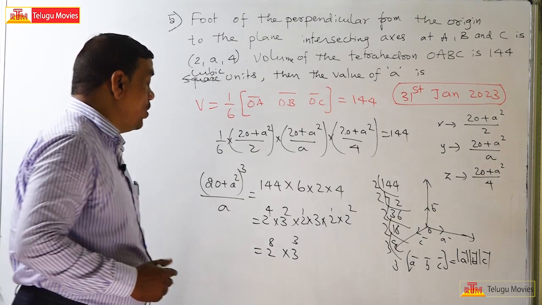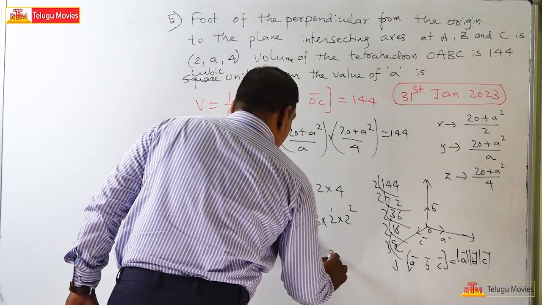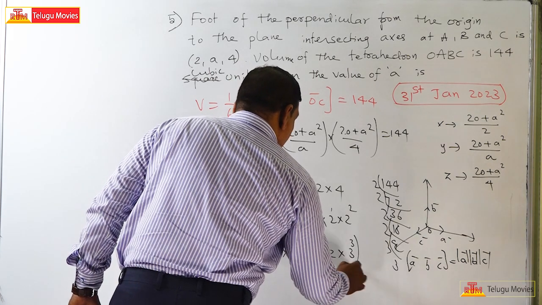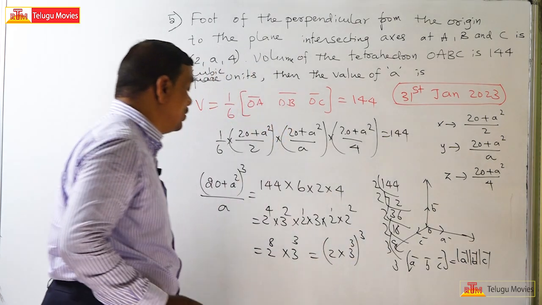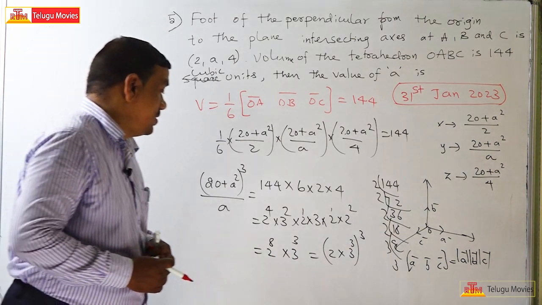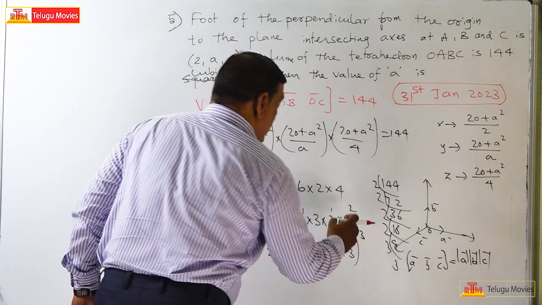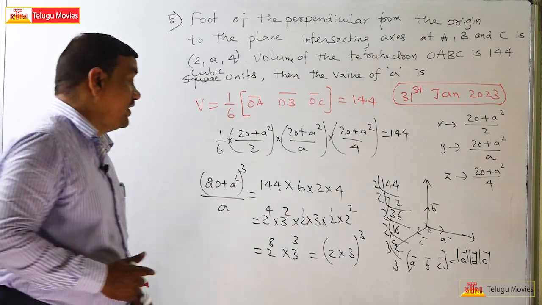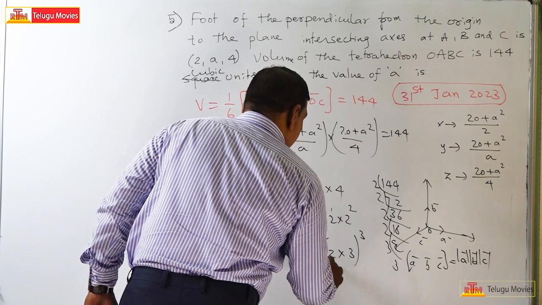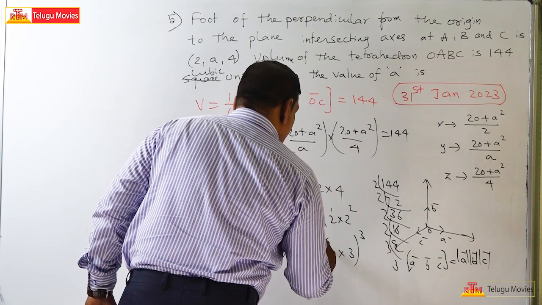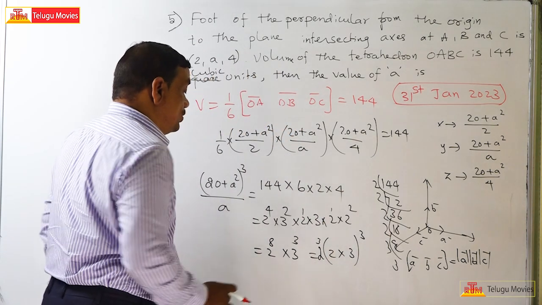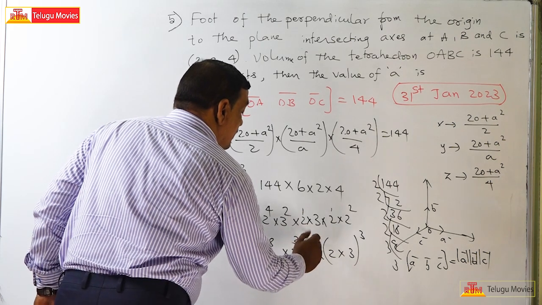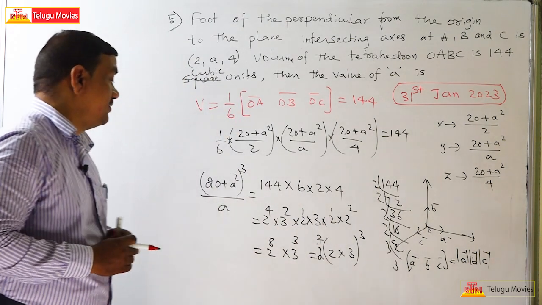Then how to get the whole cube? Can I write it as 2 into 3 whole cube? If I write the whole cube, what remains here? 2 square remains.